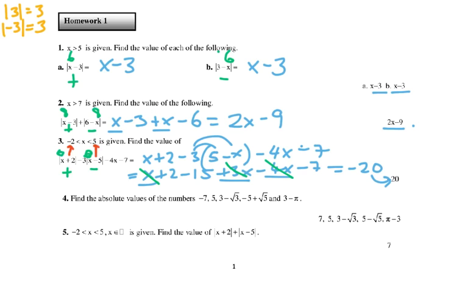And for question 4, we're asked to find the absolute value of all of these numbers. So minus 7, I think we can say safely that that's 7, because remember the negative value up here gives a positive. 5, well, that's positive. So for these expressions now, 3 minus root 3, we have to decide what root 3 is about.